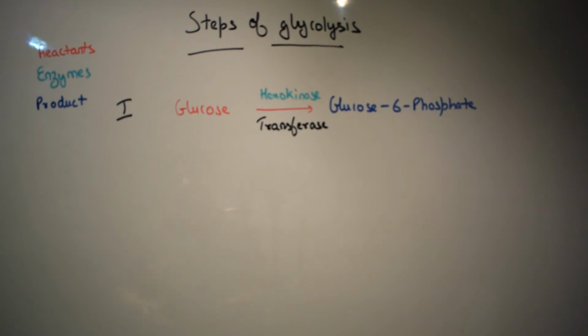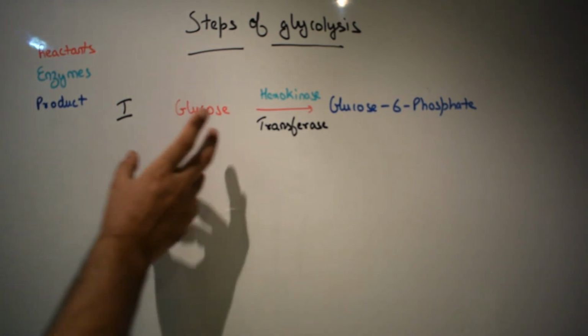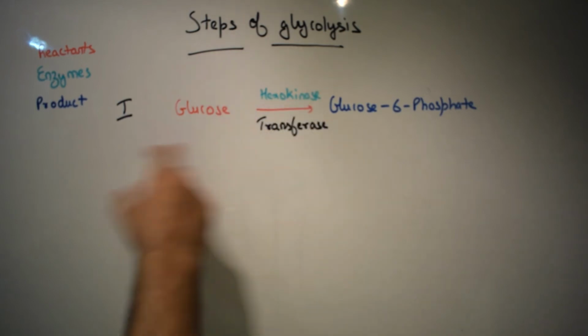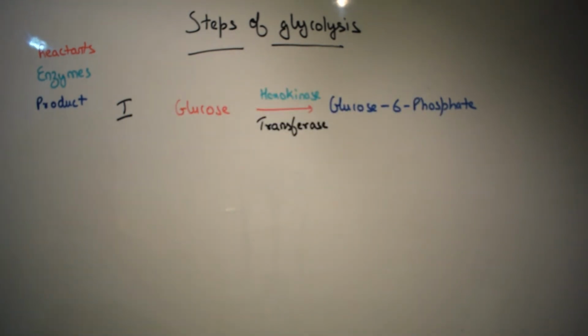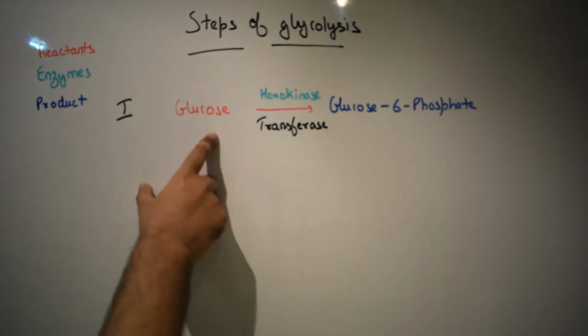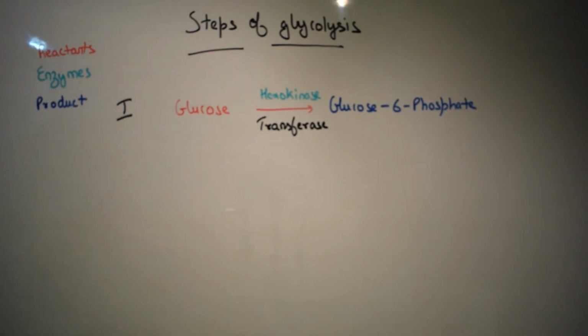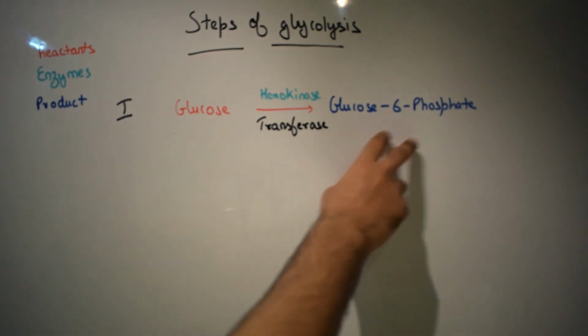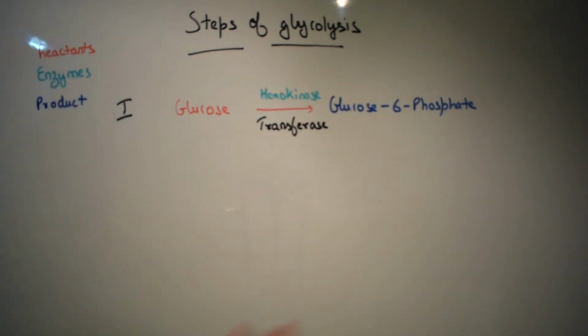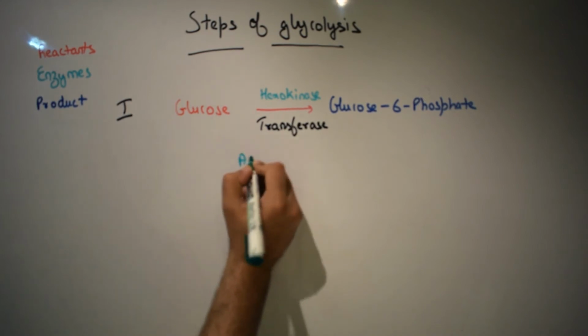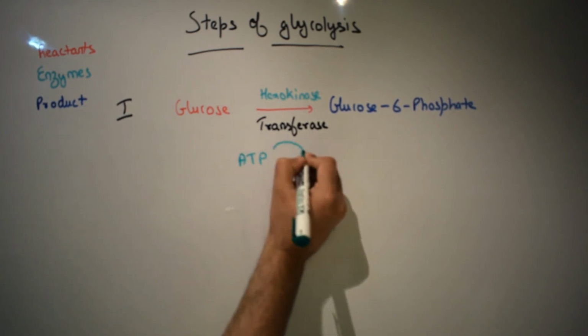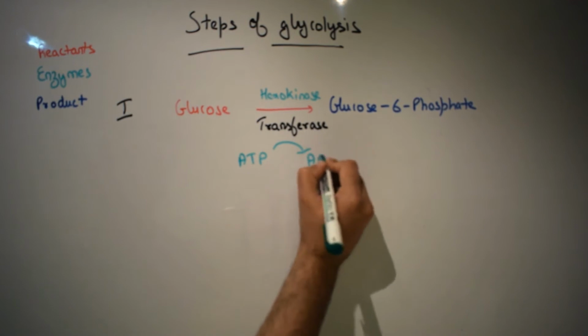But here we see that the glucose has been converted to glucose 6-phosphate, which means that the phosphate group has been transferred to glucose. So the glucose here is low energy, whereas the glucose 6-phosphate is high energy, and the energy is being provided by the ATP. So in this process, an ATP molecule is converted to ADP.